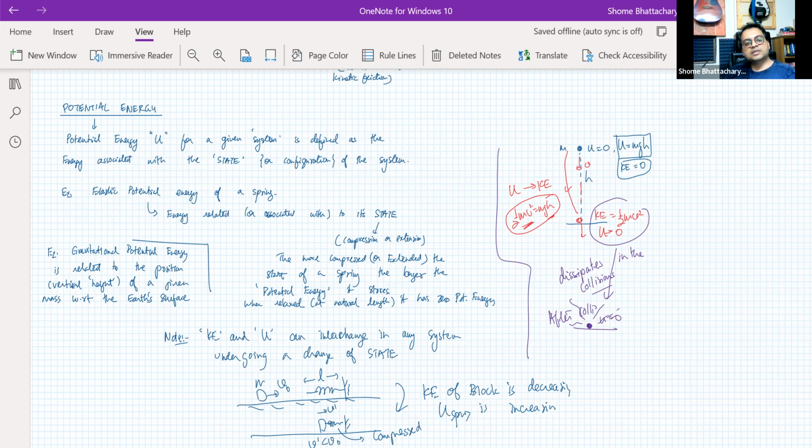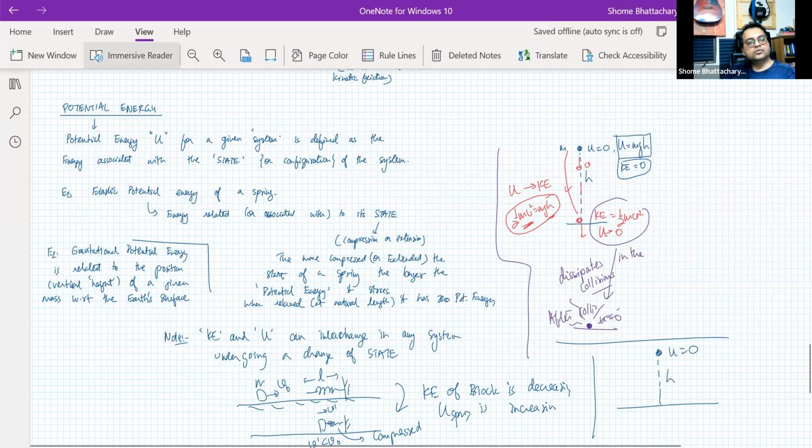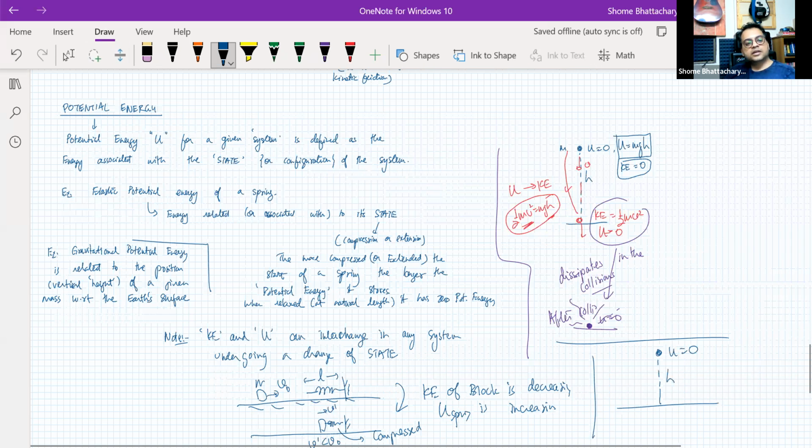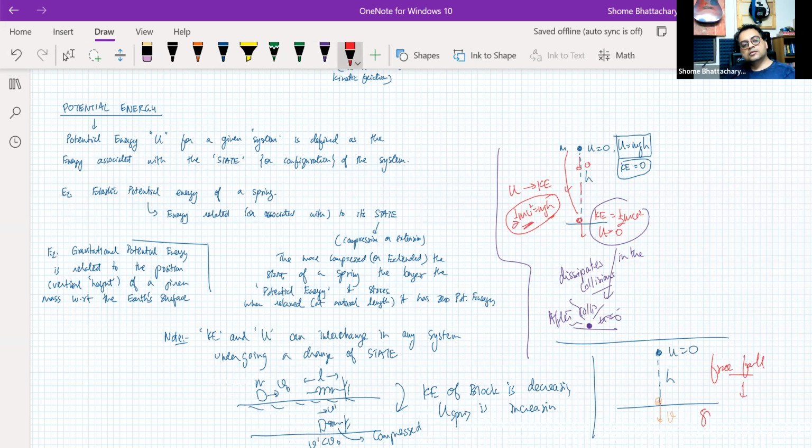In the above example, when we drop an object from a certain height, as it falls through a certain vertical displacement, it loses gravitational potential energy and in the process gains kinetic energy. So free fall is gravitational potential energy converting to kinetic energy.